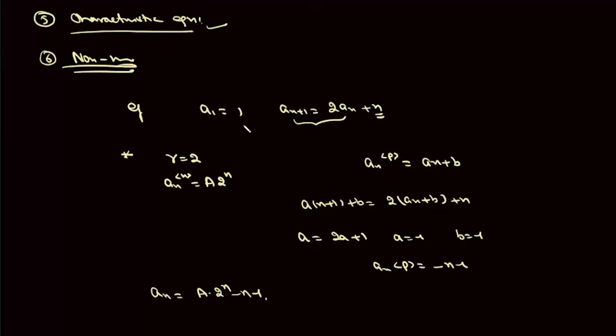Now we are given a1 equals 1. Now we put n as 1. So a1 is 1, and this is 2A minus 2. So A is basically 3/2. So this a_n will be 3 into 2 to the power of n minus 1, minus n minus 1.